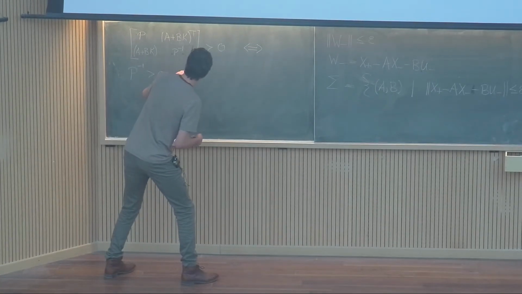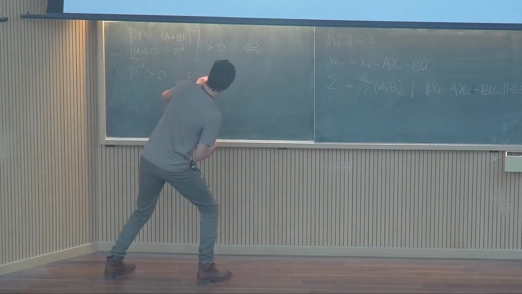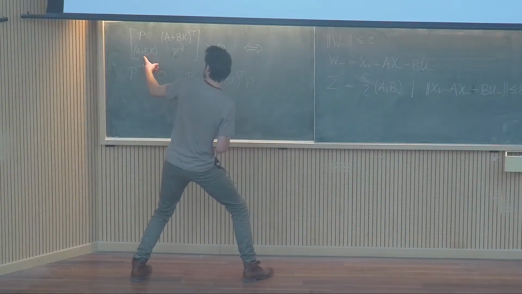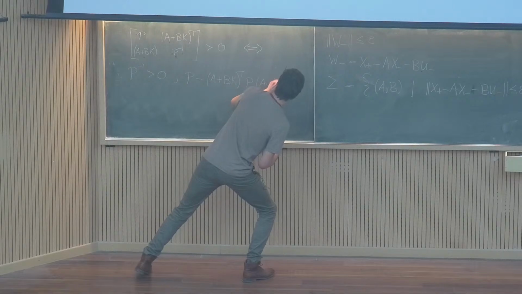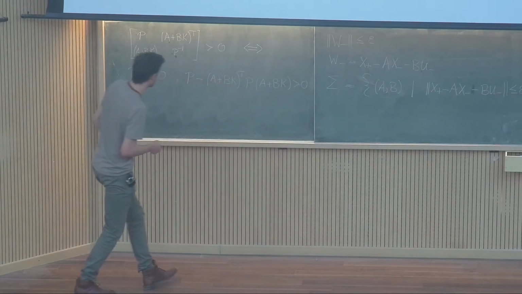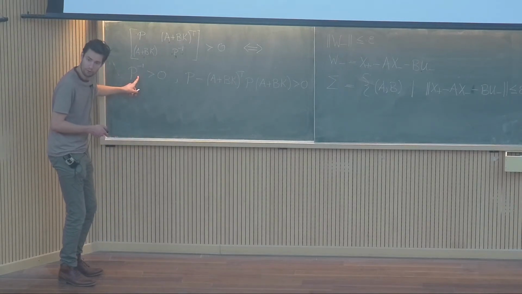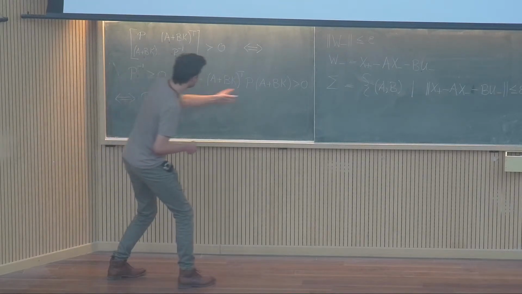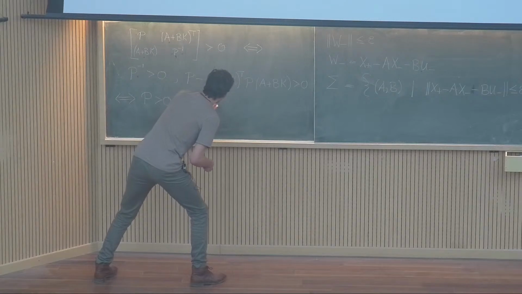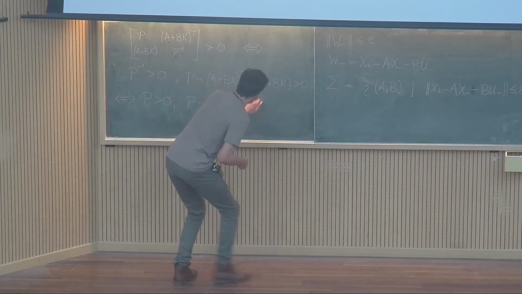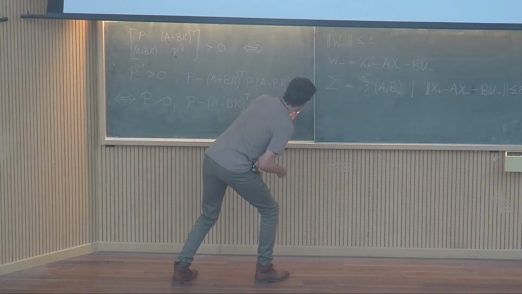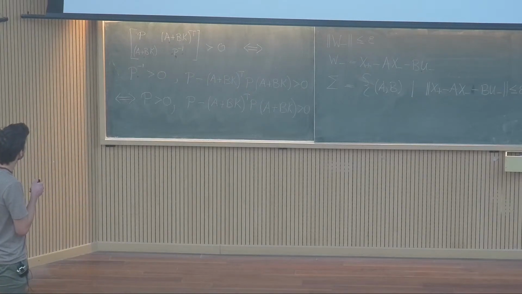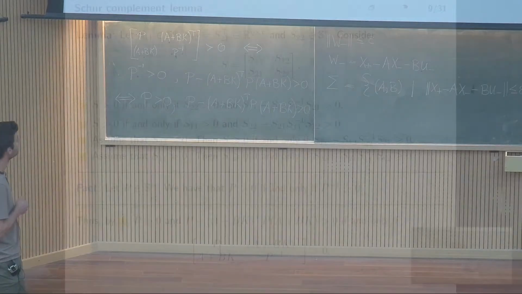So this is P minus A plus BK transpose, P inverse inverse, so there you get P, A plus BK. And this should be positive definite. The positive definiteness of P inverse was equivalent to the positive definiteness of P. So this is equivalent to saying that P is positive definite, and indeed, the Lyapunov inequality holds. Great, so what I wrote on the slide was correct: P is positive definite and the Lyapunov inequality holds if and only if this big matrix is positive definite.